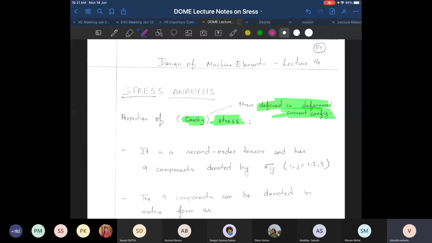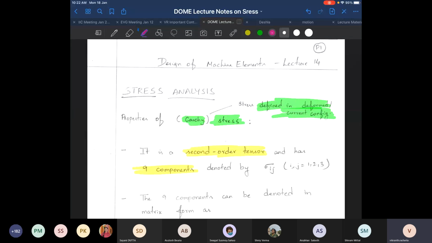Like a vector has got three components, and a scalar has got one, a second order tensor has got nine components, and components of stress are denoted by sigma ij.